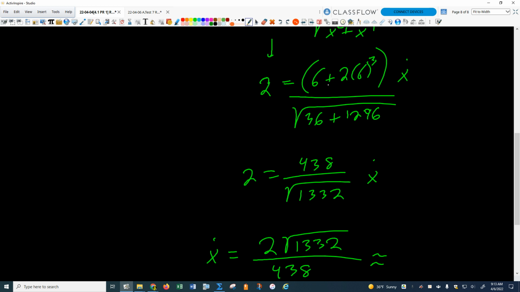Well, it's almost irrelevant what it is. We can plug it into a calculator and get an answer. What did you get? 0.167.